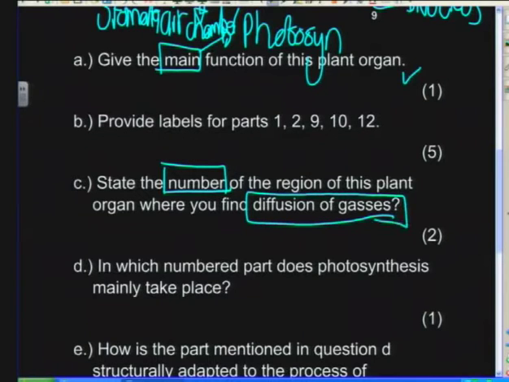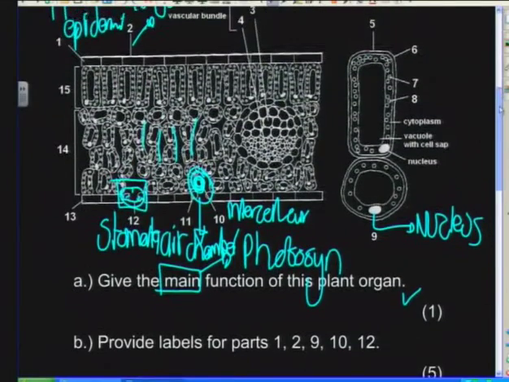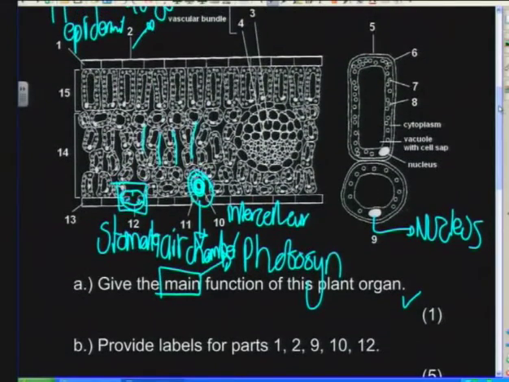All right, so where are we going to find the movement of gases? So if we go upwards, all right, if we take it up, where did I say? I'm going to quickly rub it out over here for you so that we can see it much clearer. Okay, where are we going to see the diffusion of gases? Which number? So here we've got a few options. We've got the pen again.